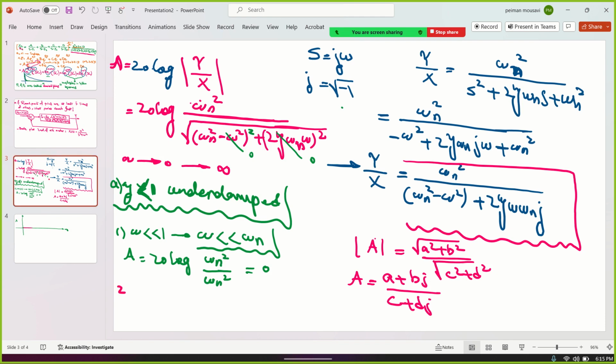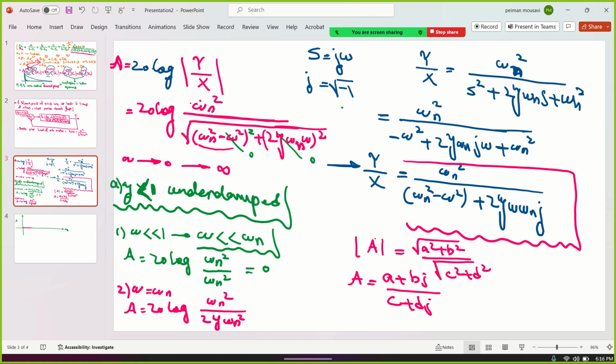Now case 2. If I say omega is equal to omega n, then A is gonna be 20 log of omega n squared over 2 zeta omega n squared, because omega is omega n.